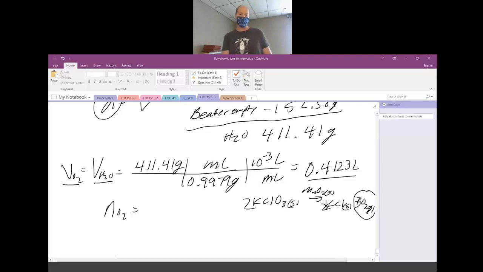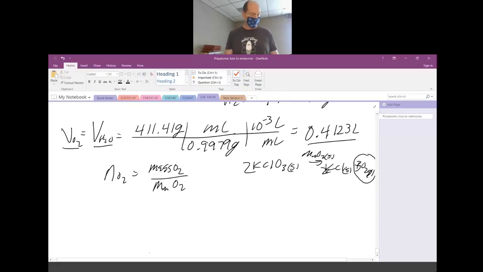All right, so first we have to find the mass of oxygen, and then we will divide by the molar mass of oxygen to get our moles. So to get the mass, that is simply the mass difference of our test tube. When we added the KClO3 and the MnO2, the mass of that was 2.2583.